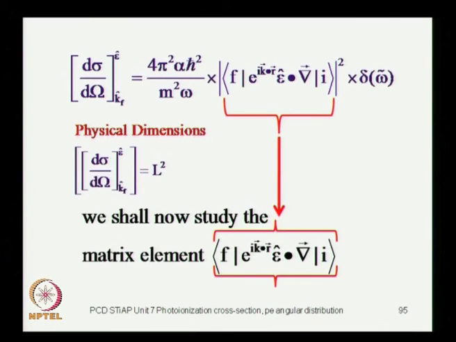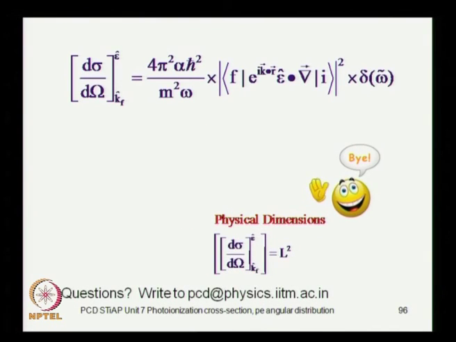But you can also get what is called the length form of the matrix element. Some of these details I will discuss in the next class, along with the oscillator strength sum rules and so on.